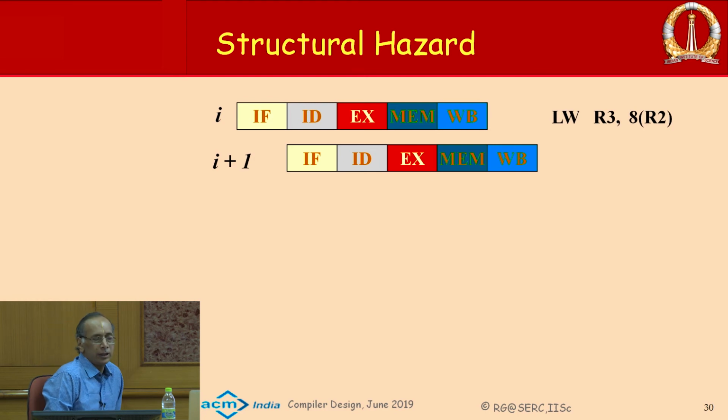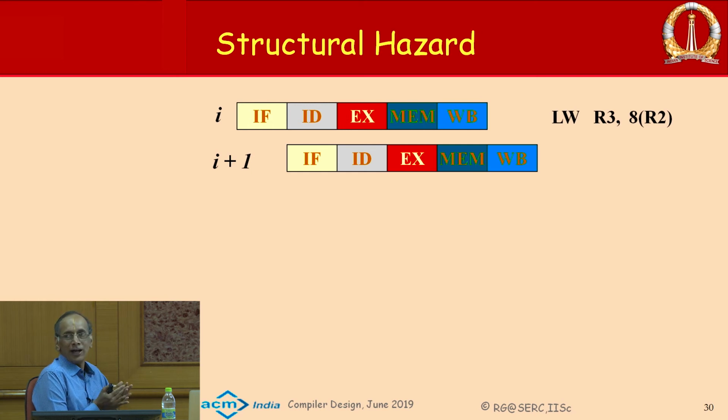For now, we are making a very simplified assumption that any operation that we specify in any of these phases can be completed in one cycle. Particularly when I say that the contents of the memory location R2 plus 8 has to be fetched from memory, I am saying that is going to be done in one cycle, right. It may be an unreasonable expectation, right, because I said memory has several hundred cycles access time, correct.